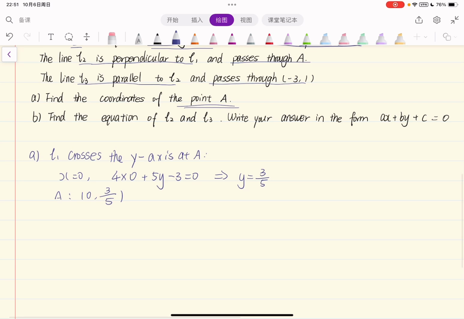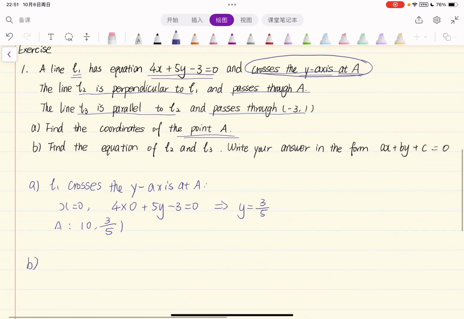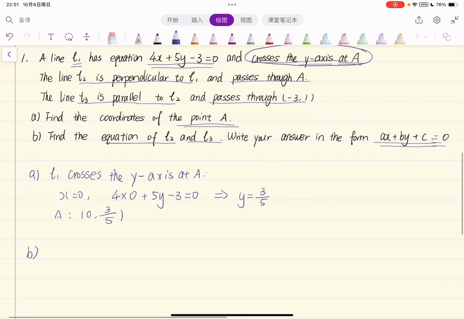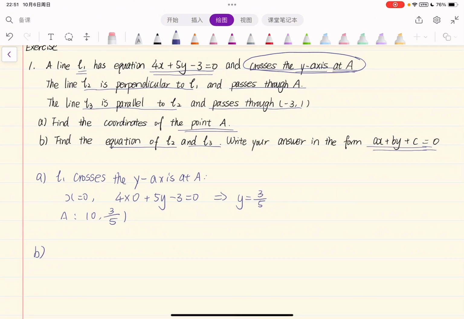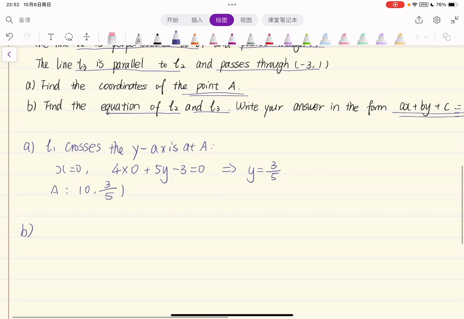Now for part B, the question asks you to find the equation of L2 and L3 in the form ax plus by plus c equals 0. We know that L2 is perpendicular to L1, which means the product of their gradients is -1.